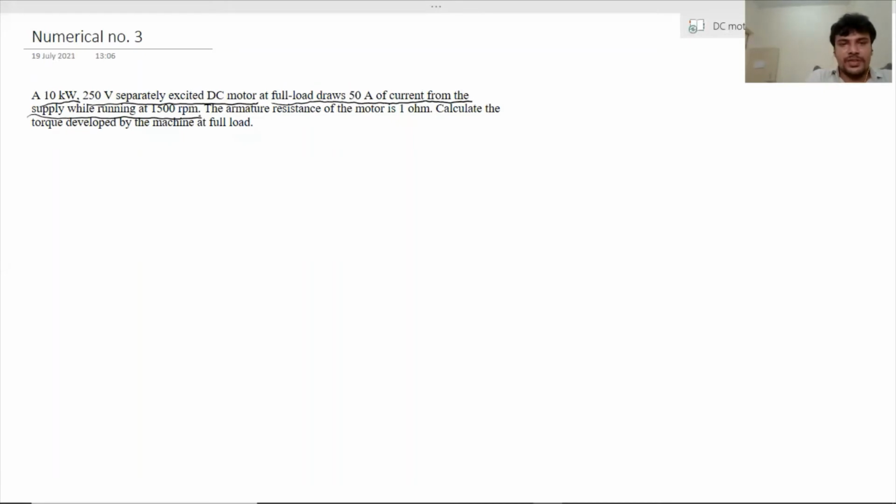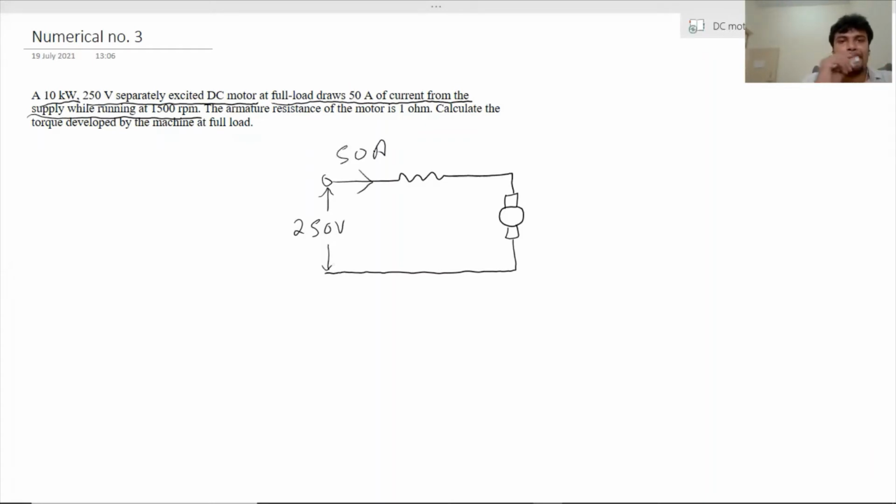So the same circuit you can draw. Now what is being said here is that this is 250 volt, the terminal voltage, then it is taking 50 ampere of current while the motor runs at 1500 RPM.